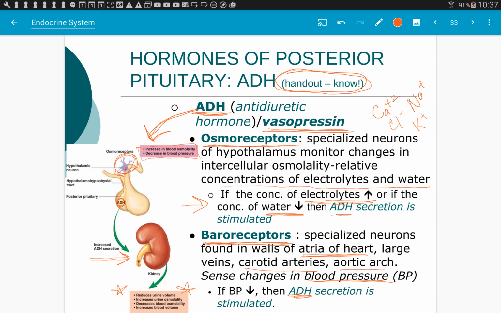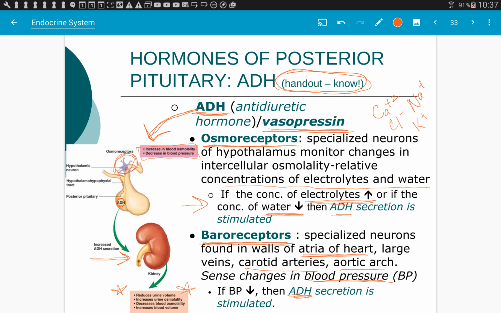So for example, your specific gravity, if you did that, would it be higher or lower if you increase the solutes in your urine? Remember that in lab? It would increase your specific gravity because you have more stuff dissolved in your urine. Okay. Then it also can decrease blood osmolality.